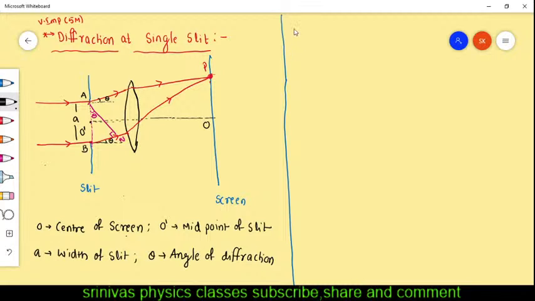For that, I will write a few sentences here to explain the diffraction pattern.